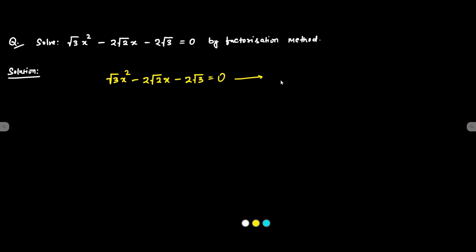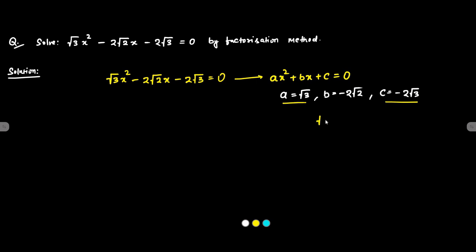Comparing it with the standard format of a quadratic equation, ax² + bx + c = 0, we have here a = √3, b = −2√2, and c = −2√3.